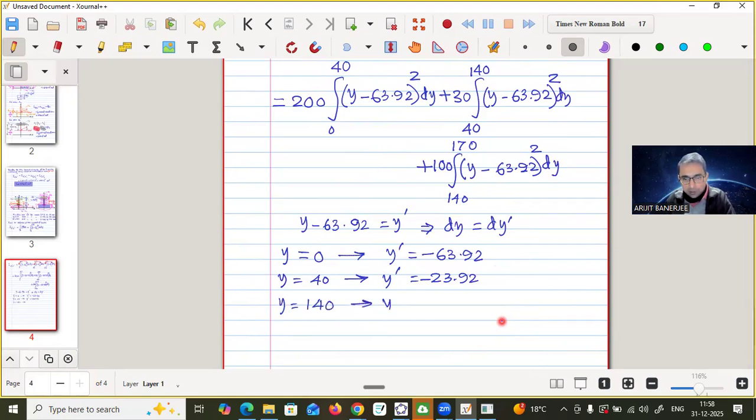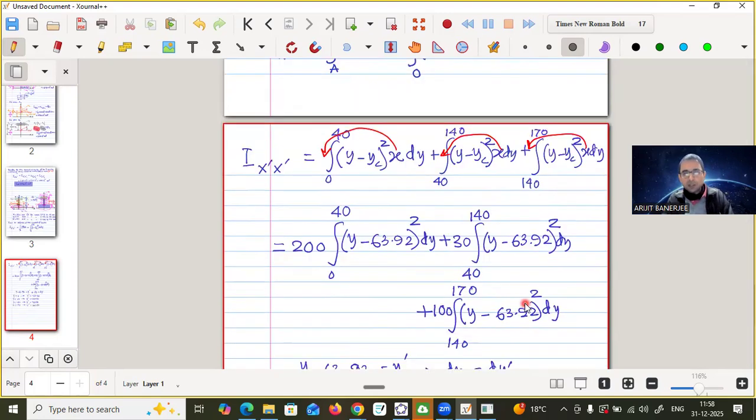So y prime will be 76.08. Calculate. And when y is 170, what is y prime? Then again we have to add 30 with this. So it will be 106.08.